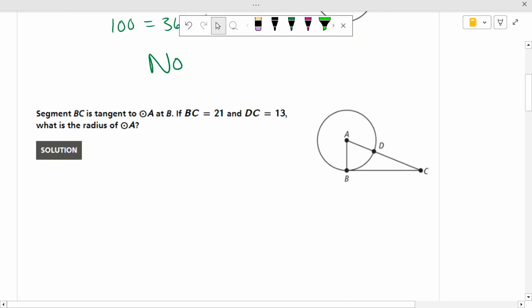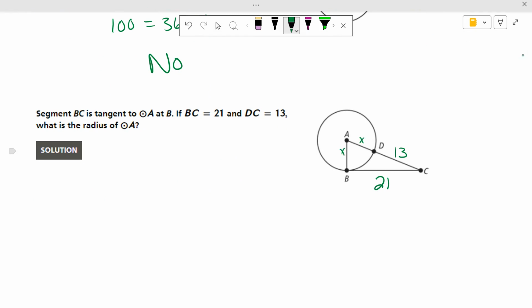Now, segment BC, they say that this is a tangent. They say this is 21, this is 13. What is the radius? Well, we do the Pythagorean theorem. What's the hypotenuse here? It's x plus 13. So x plus 13 squared is equal to the other leg squared plus the other leg squared.